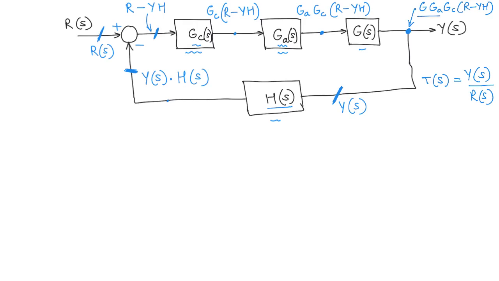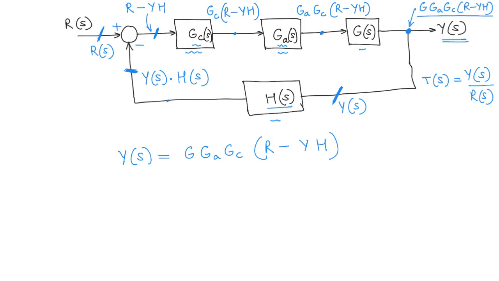And you can see that this value is going to be the same as Y(s). Okay, so what I'm saying is Y(s) equals G Ga Gc times (R minus YH).